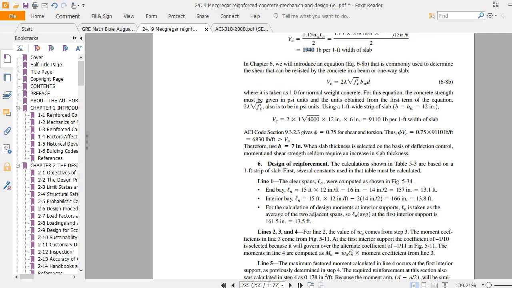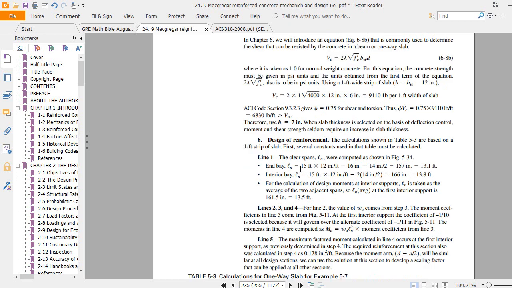Now the procedure is design of reinforcement. We have to provide reinforcement, and for the end bay we have a clear span. 15 feet is total center to center. Convert this into inches, minus half of 16 inches for the exterior beam and half of 14 inches for the interior beam, so we got 157 inches.